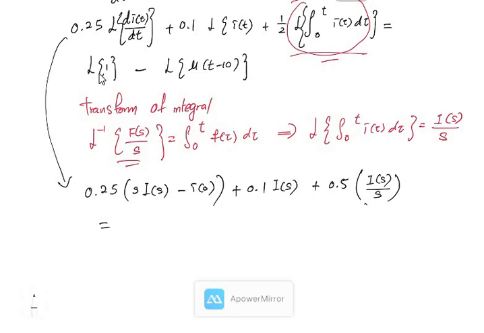You can refer to the Laplace transform table: A gives A over s, so it's 1 over s. And then the Laplace transform of u(t minus 10) gives e^(-10s) over s.